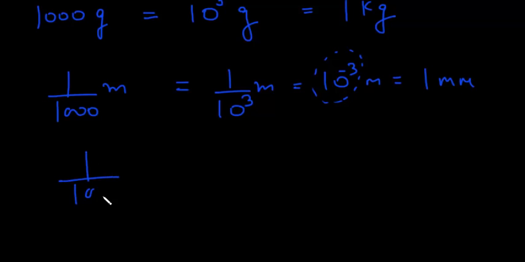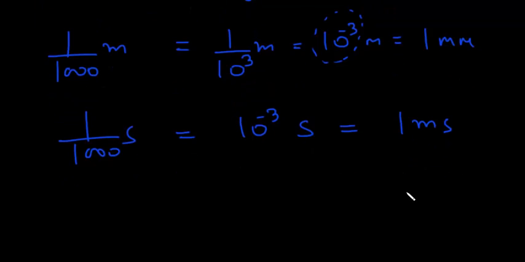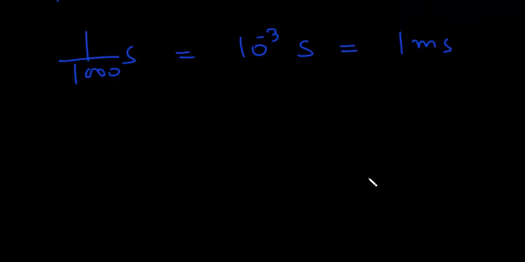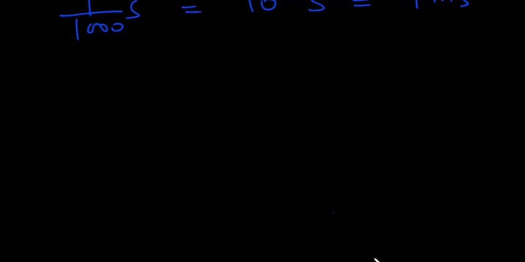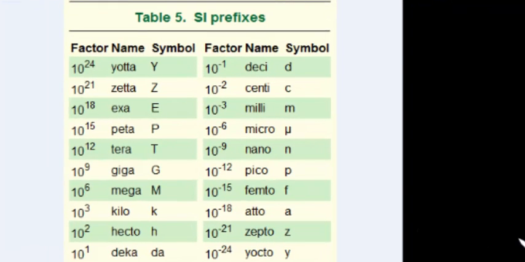Similarly, a thousandth of a second is 10 to the power minus 3 second, and we write it as 1 millisecond. So there are many big and many small numbers, so we must look at the table of prefixes. So here is a table for prefixes. You must memorize them. Okay, pause it, write it and memorize it or Google it.